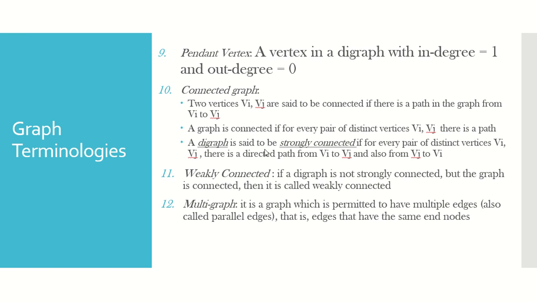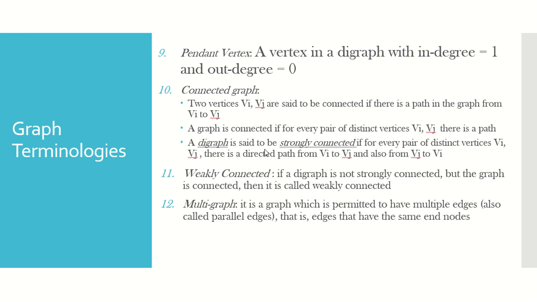So, if you can find a path from any vertex to any other vertex in a given graph, then that graph is said to be a connected graph. If there exists a path from any vertex Vi to any other vertex Vj in a given graph, then such kind of a graph is called a connected graph.